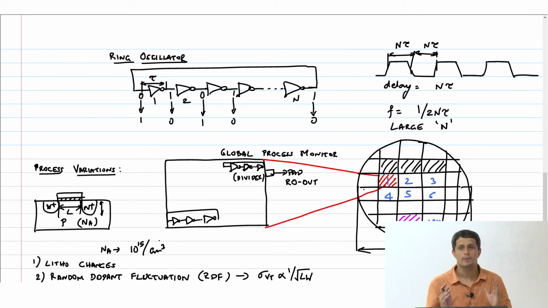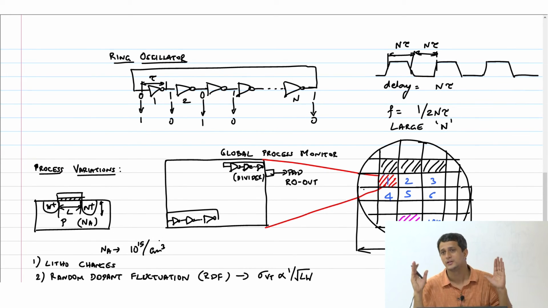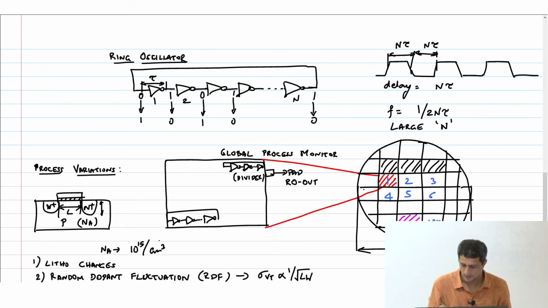right? So typically what people will do is they will put ring oscillators in multiple locations on the chip. If it's a big chip, okay, they'll put one here, and maybe one in the center also. And all of these will be accessible through pads. So the first thing you do is get the chip back and measure these parameters of the ring oscillator.